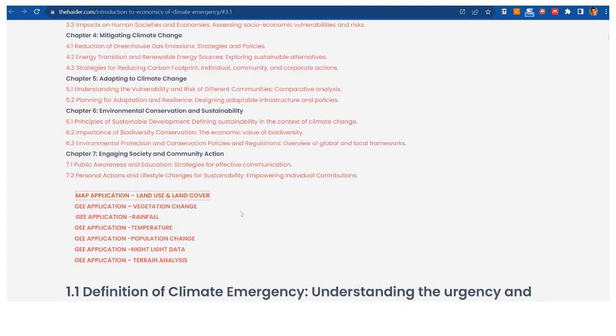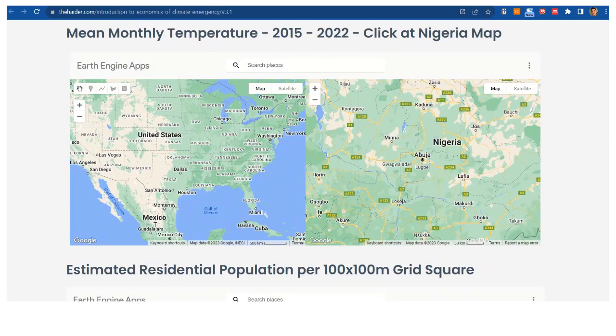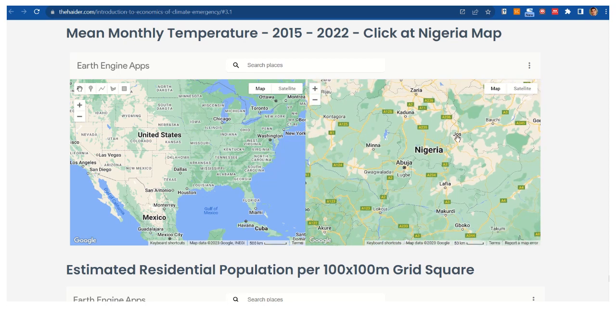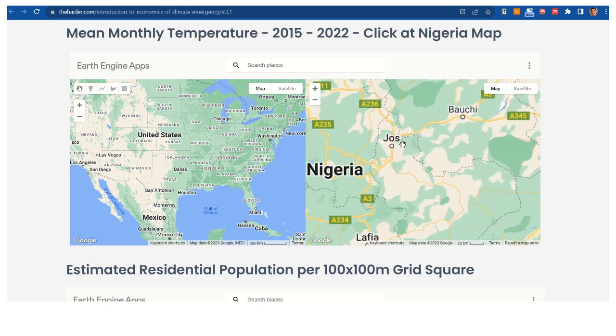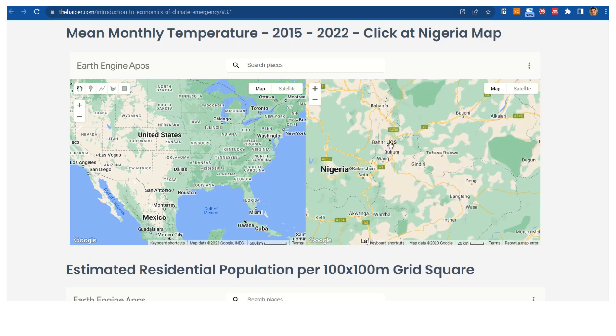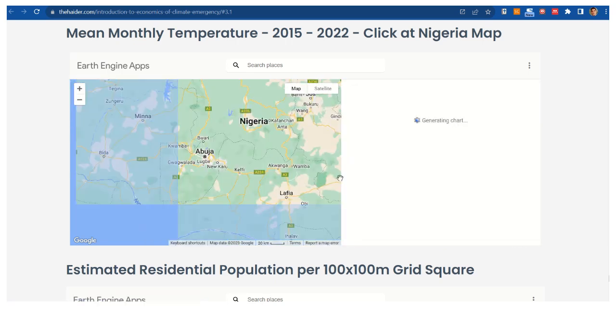Then if you are interested to know the temperature of any place, you look at this, and when you click, if you want to know about Jos here, you click here on Jos, and you will find the temperature of Jos.